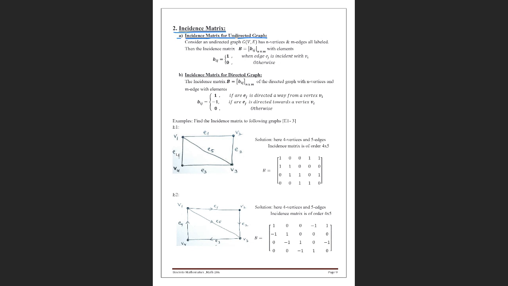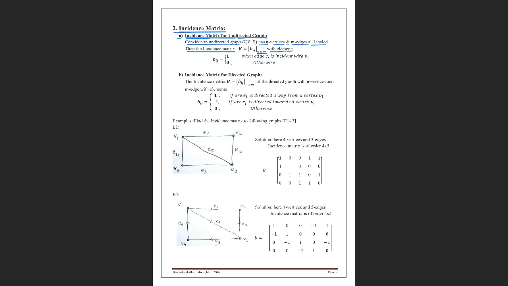Okay. So consider an undirected graph has n vertices and m edges, all labeled. Then the incidence matrix B with elements, incidence matrix will be this n by m.